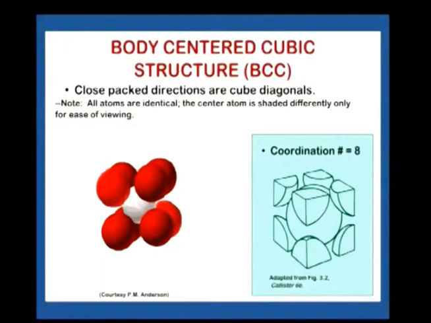There are number of solids which are crystallizing in the body centered cubic structure, unlike the case of simple cubic. In simple cubic, alpha polonium, as I told you, is the only known example. On the other hand, as I will be showing at a later stage, there are number of solids in the periodic table.